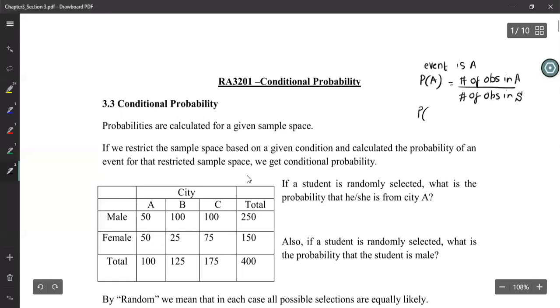Then what is the probability of the sample space? What is P(S)? That is the total probability.